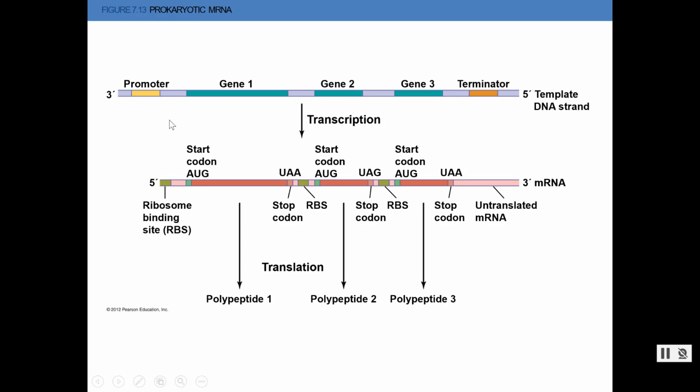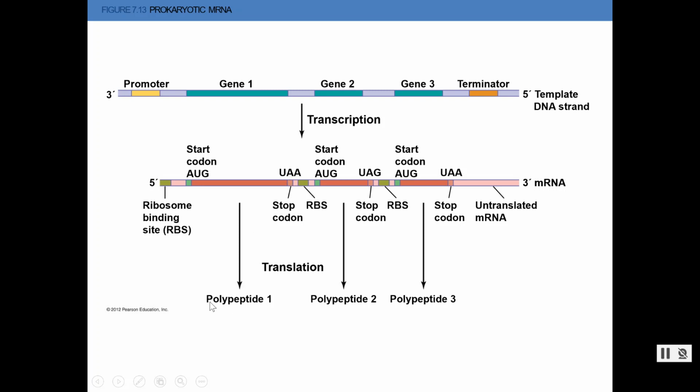Translation, just like transcription, has to have a start and a stop. So the start codon, AUG, will go until it reaches a stop codon. The ribosome has a place to bind on your mRNA. The ribosome binds, and then it moves through, adding amino acids at the start codon and making that protein, and it continues until it reaches a stop codon.